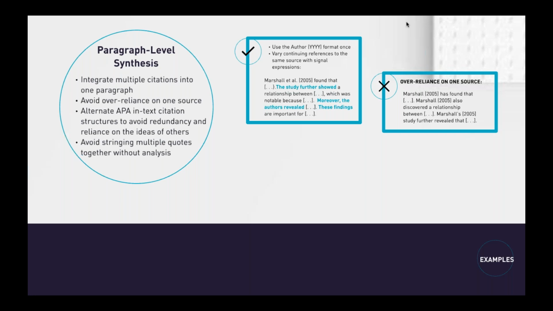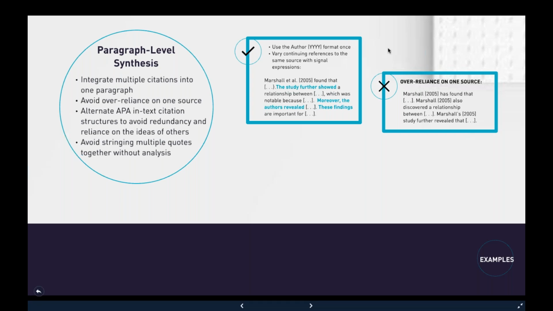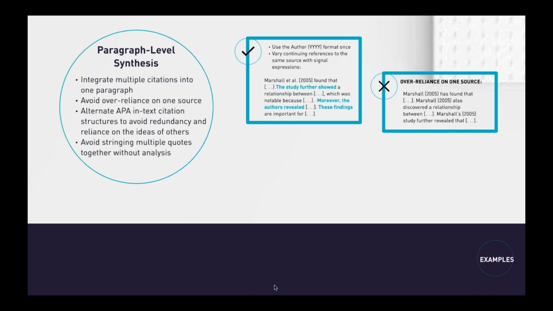This sort of inference is allowed in APA and it helps you avoid citing the same way multiple times. However, if I went like this, Marshall has found that, Marshall also discovered a relationship between, Marshall's study further revealed that, just reading that out loud, we can tell that that's not a pleasant experience for the reader. So we want to avoid overly relying on the same format.